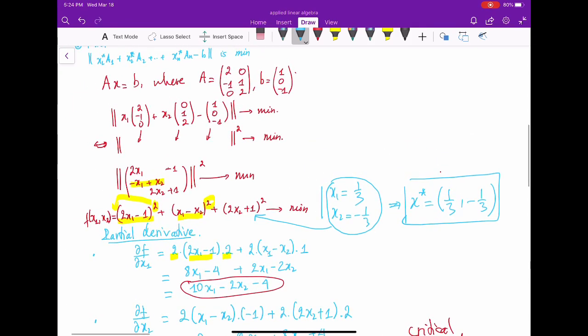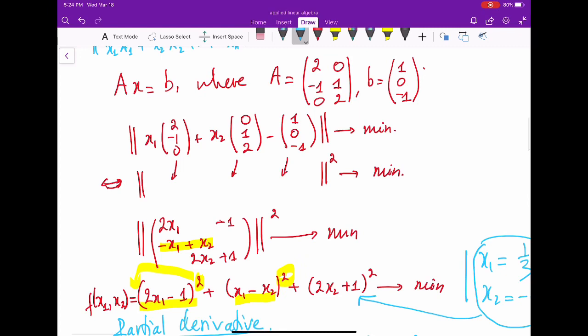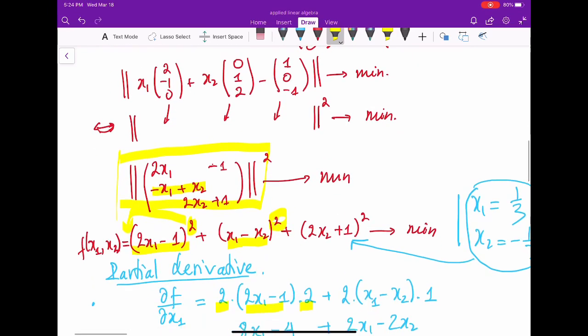So this is the second approach, and I hope that it is clear enough. The good thing in such an approach is that when you calculate the norm of this vector, you have polynomials, like this.